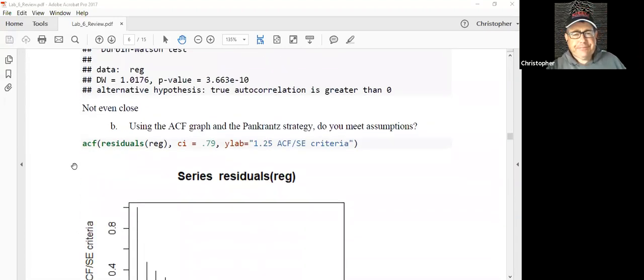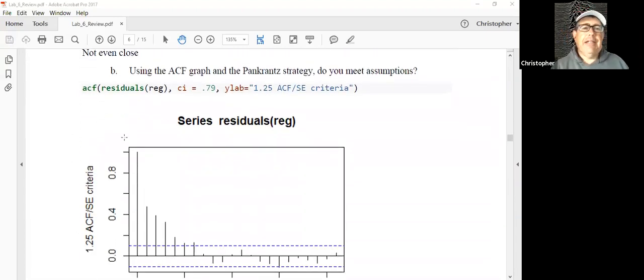And you can see the code here. The command is ACF. We just run that on the residuals from whatever our analysis was. The confidence interval piece, that's where I'm getting that bounding of 1.25. That's technically a 79% confidence interval. Not a value we normally use, but that's consistent with a t of 1.25.